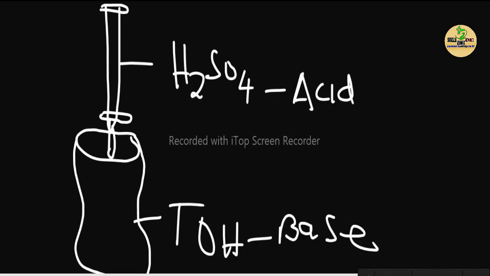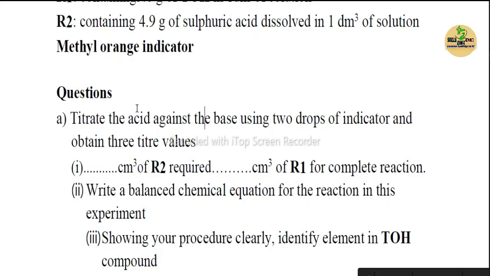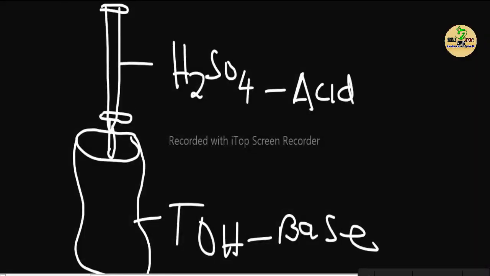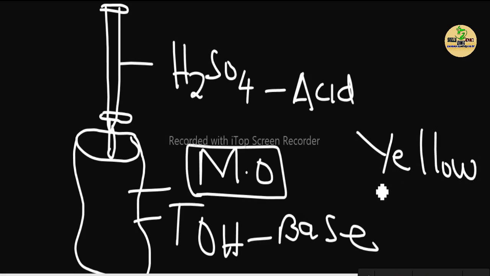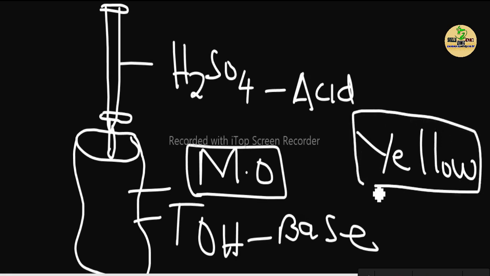After that, the question says titrate the acid against the base solution using 2 drops of indicator and obtain 3 titre values. We add the indicator, methyl orange, to the base, and the color of the mixture will be yellow.